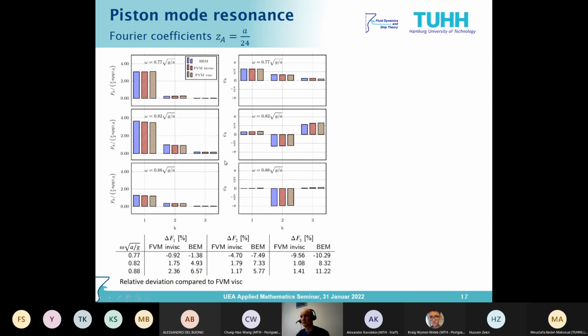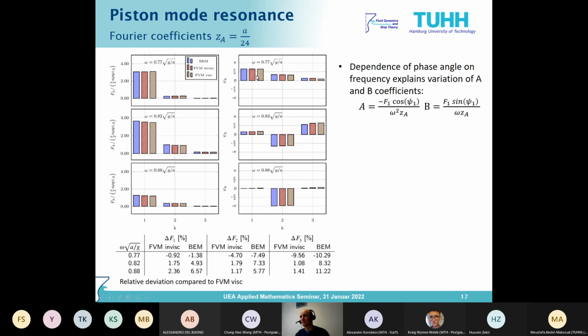Yes, and some conclusion that we draw from those comparisons is what we find interesting is the dependence of the phase angle on frequency, like the large A becoming negative. This is a result of the phase angle of the Fourier coefficients.